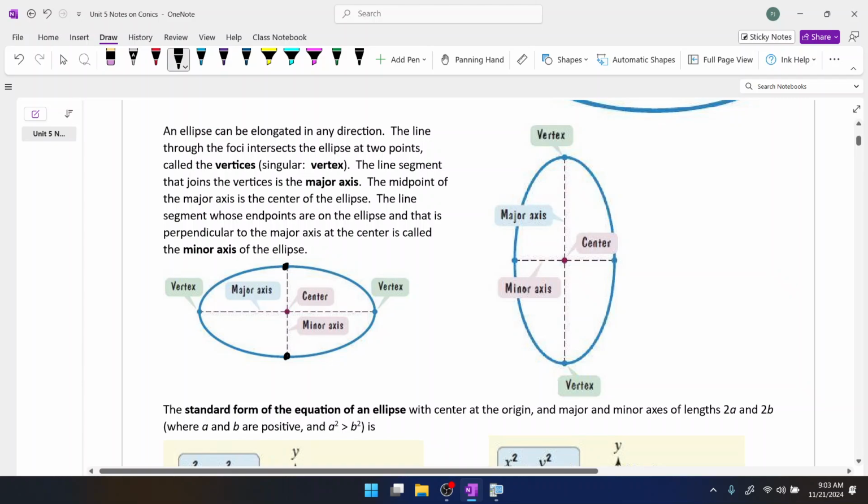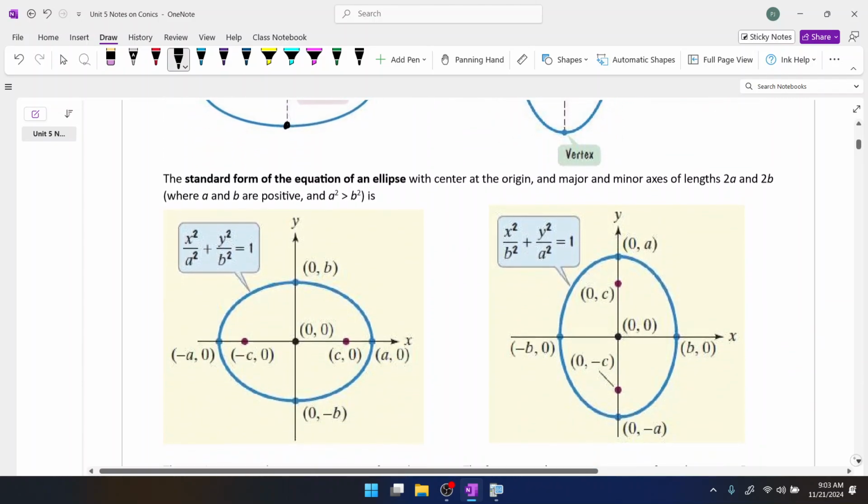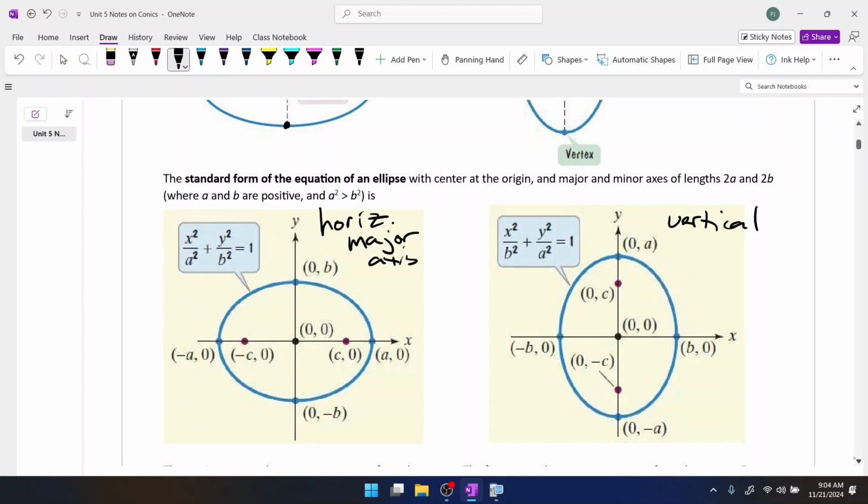So we have two forms of the equation of an ellipse. Basically, major and minor axes of 2A and 2B. In this case, this is where the major axis is horizontal. And this is the vertical major axis.